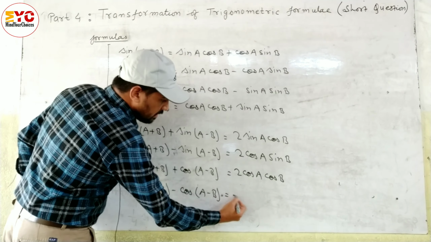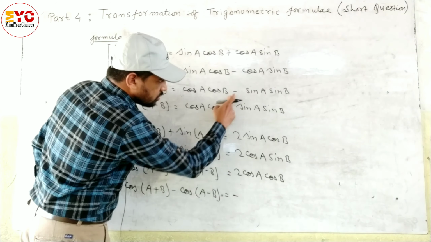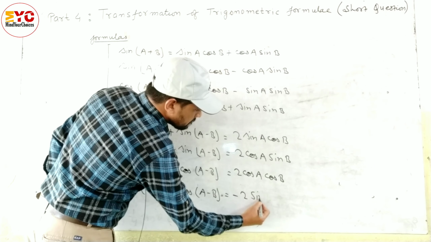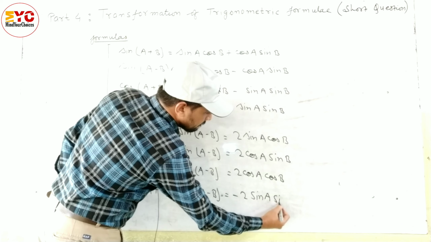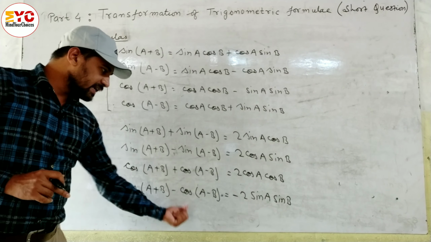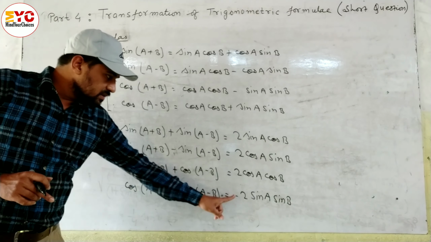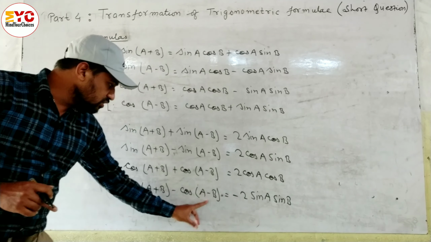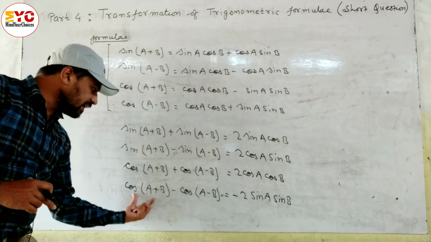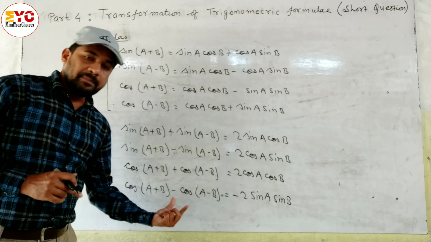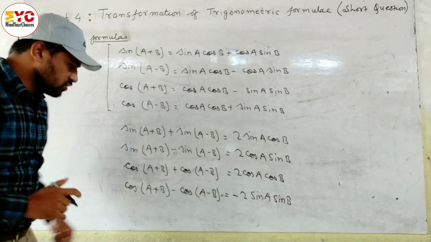So remaining here is minus, and here also minus, so minus minus plus, so minus 2 sine A sine B. In some books you will get it like this, or some books you will get 2 sine A sine B only, but with cos A minus B in front and cos A plus B at the back. It means taking minus common.